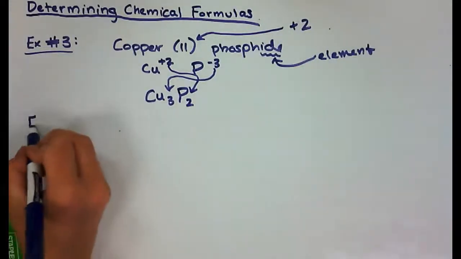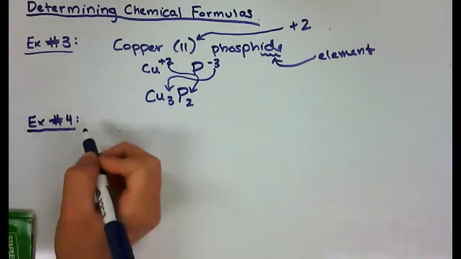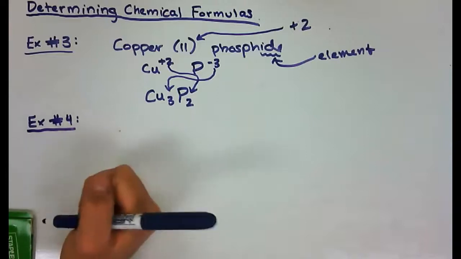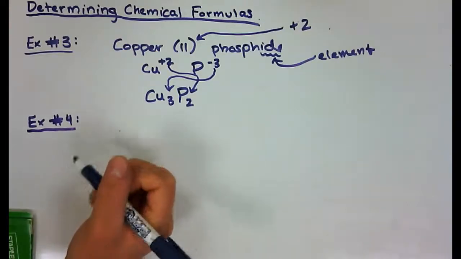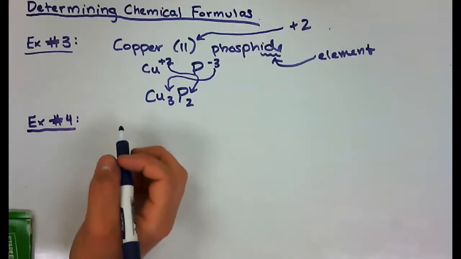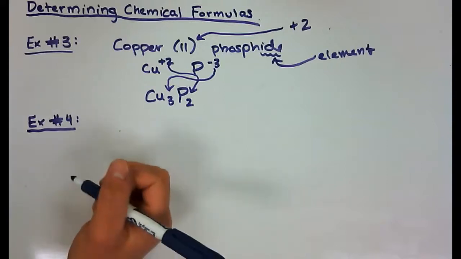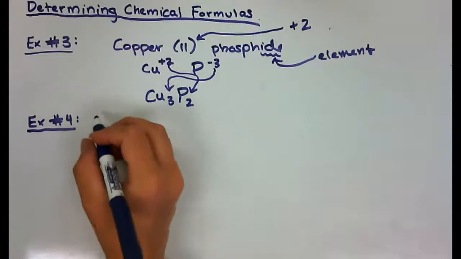Next up, example number 4, let's do something that is not an ionic substance. Let's do an acid. So acids are a little bit tricky because they have their own special group of naming rules. So I'm going to give you 2 examples here.